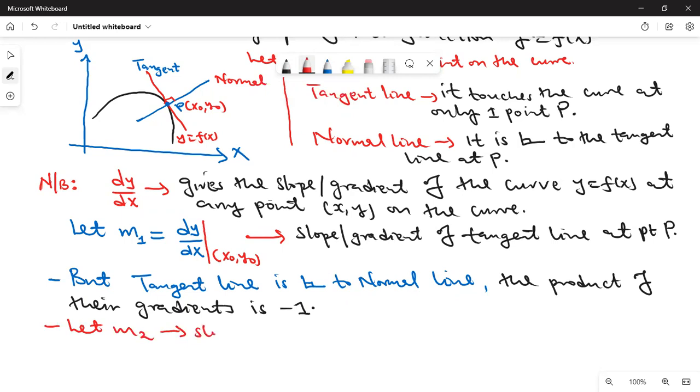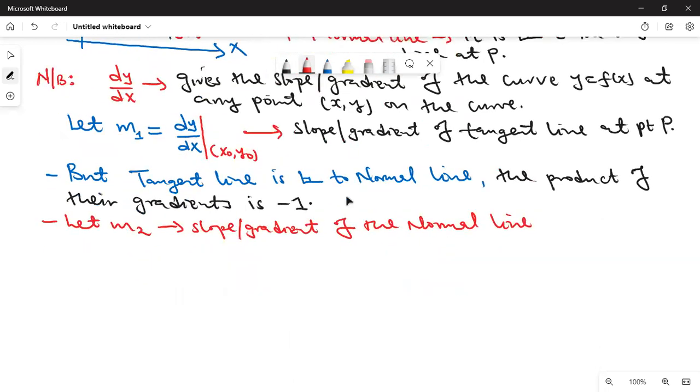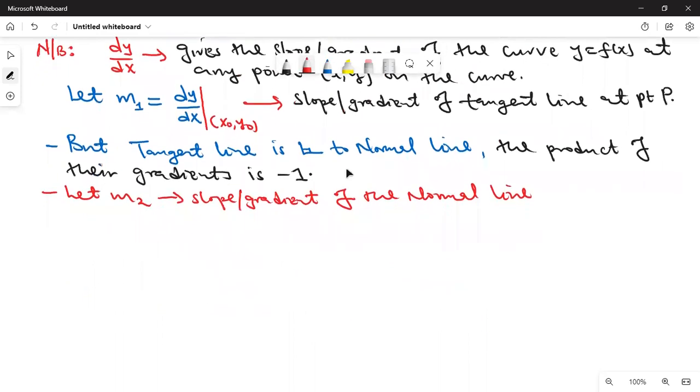You already know the gradient of the tangent line, which is m1. And now we are saying the slope of the normal line is m2. And the two lines are perpendicular. It means that the product m1 m2 should give us -1.